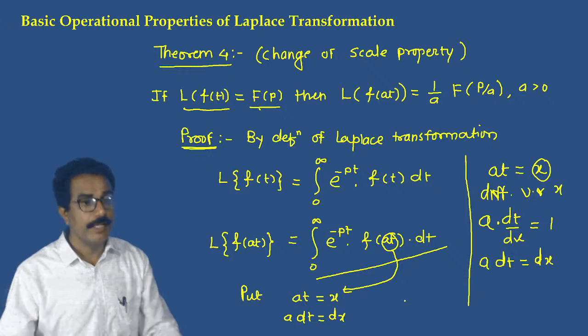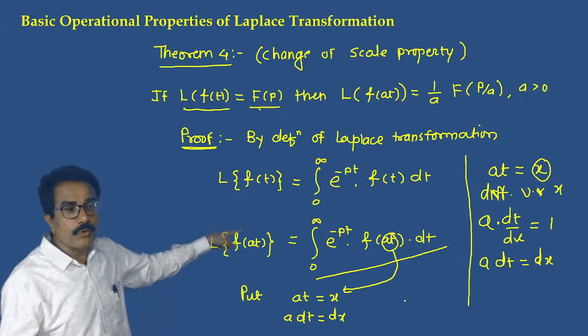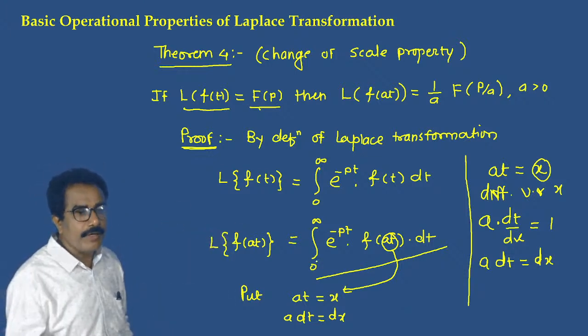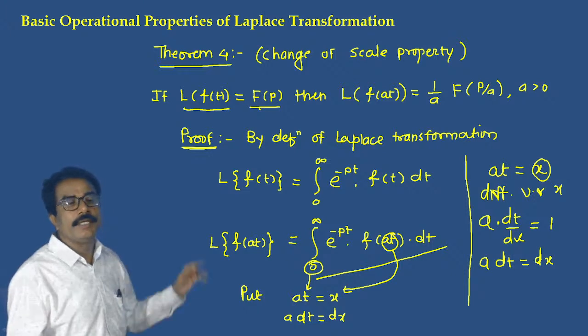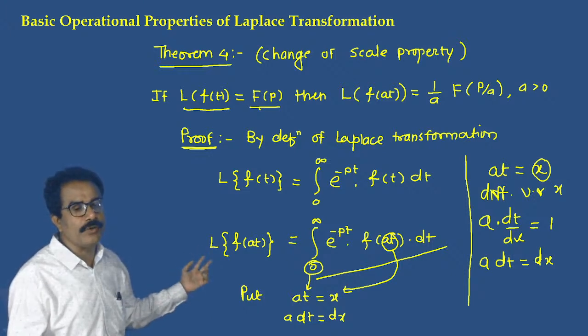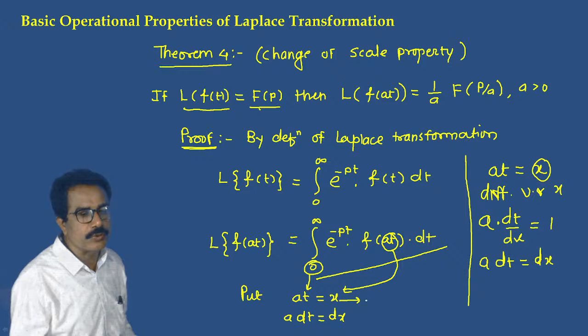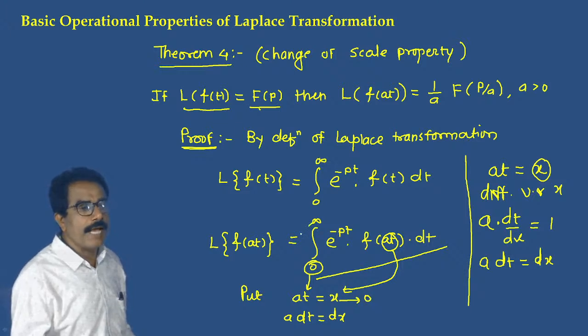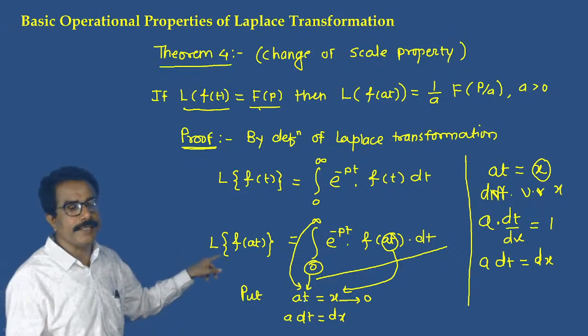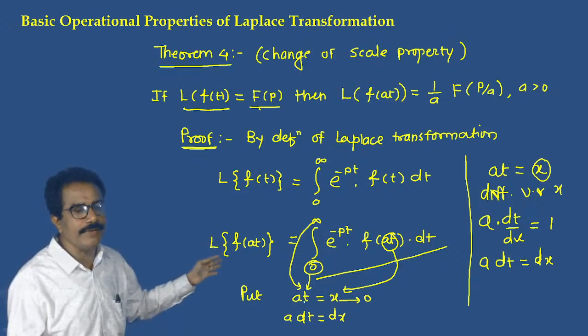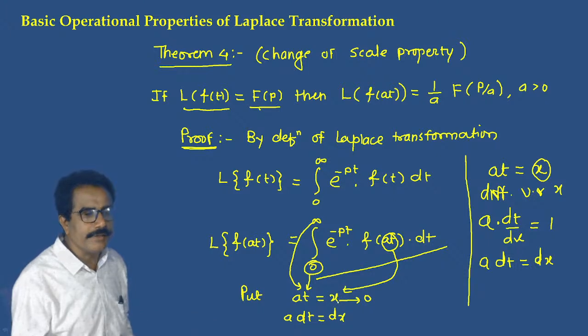Now again, we have to change the limits. Here t equal to 0 is the lower limit. If we put t equal to 0, then 0 into a means 0, so the value of x goes to 0. When we put the upper limit, a into infinity means again infinity, so the value of x tends to infinity.